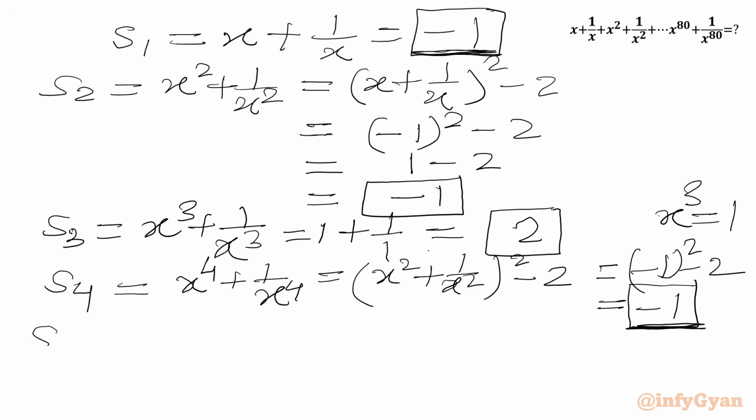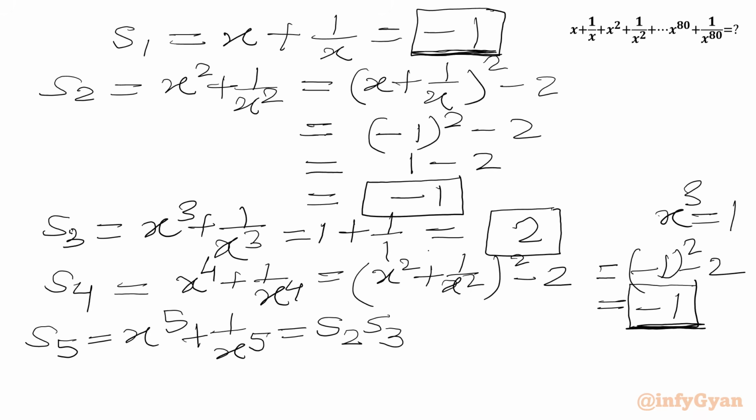Now we will find S5. S5 will be x power 5 plus 1 over x power 5, which will be equal to S2 times S3 minus S1. That means x square plus 1 over x square times x cube plus 1 over x cube, minus x plus 1 over x.